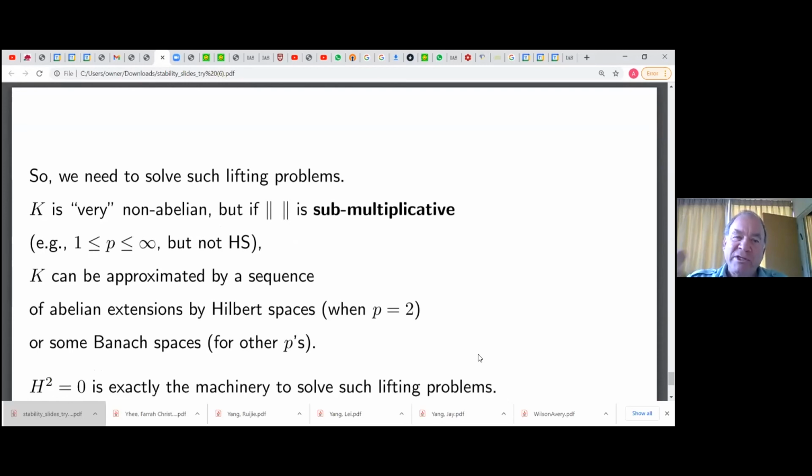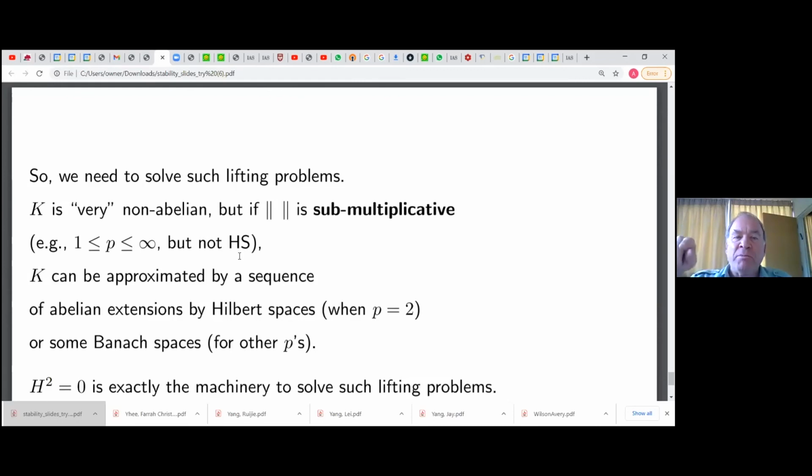There is like a magic there. The magic here works if the norm we are working with is submultiplicative, which is the case for all these L^p norms, but it's not true for the Hilbert-Schmidt norm.